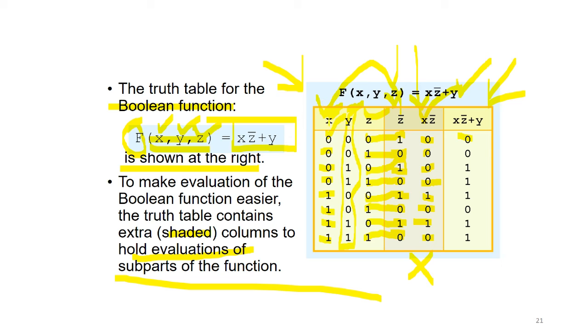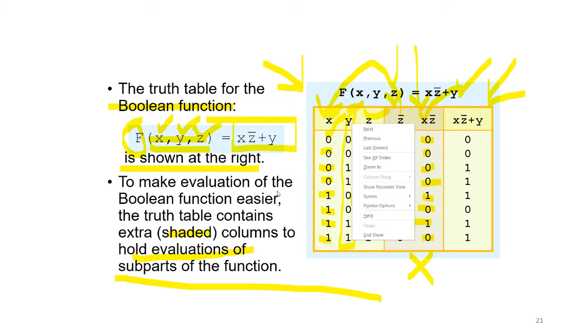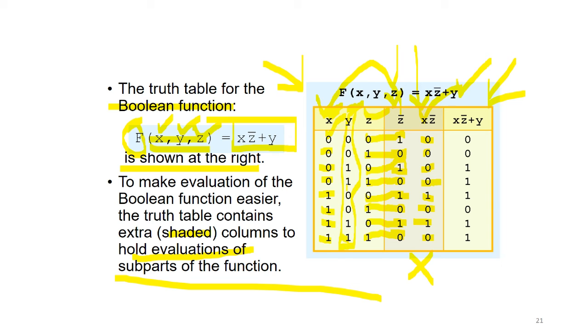So I am not going to tell you all the answers. This is how the process goes. So let's talk about the last one. This y is getting added with x z bar. So as you can see, this 1 getting added with 0 gives us a value of 1, right? Isn't it?